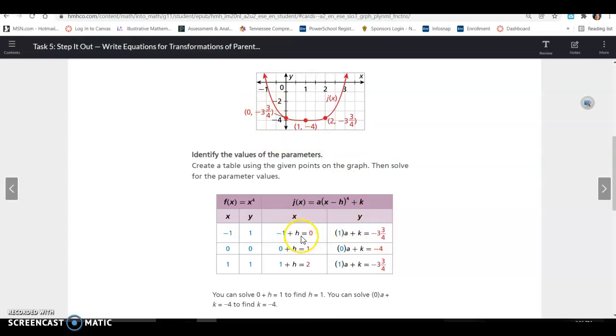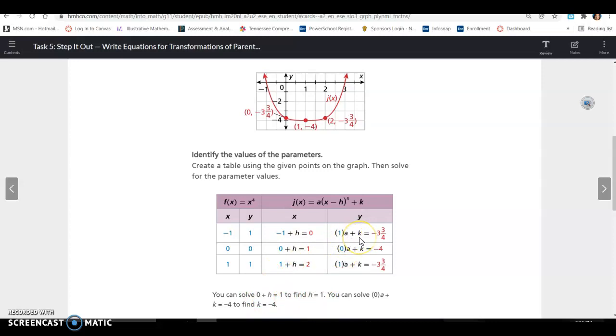So all we're doing is using these reference points that we're given, and we're kind of working backwards to get our h, our a, and our k. So in this case, there is no b value. So if I have -1 plus h equals 0, I can add 1 to both sides, and I know that h is 1.